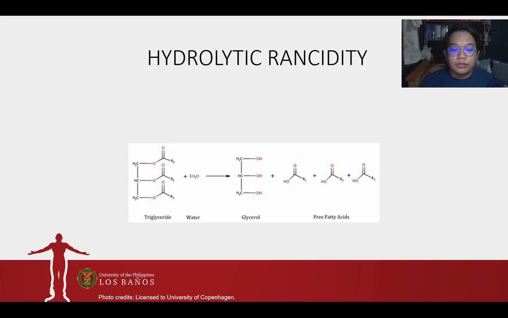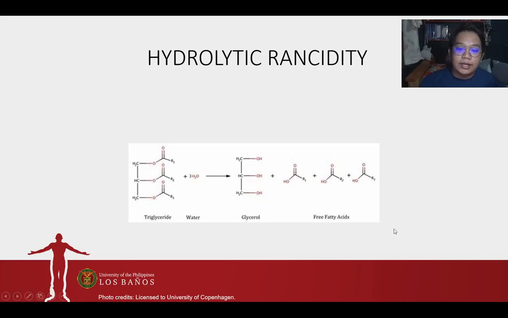And yung presence of water na yon causes the rancidity. And if we have a rancid sample, it just means that meron kang portion of your triacylglycerol na nagkaroon na ng breakage, yung link between the glycerol and the free fatty acid.